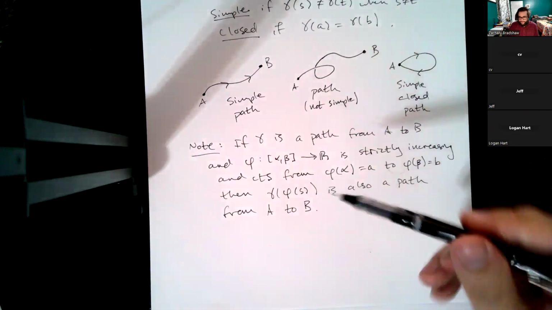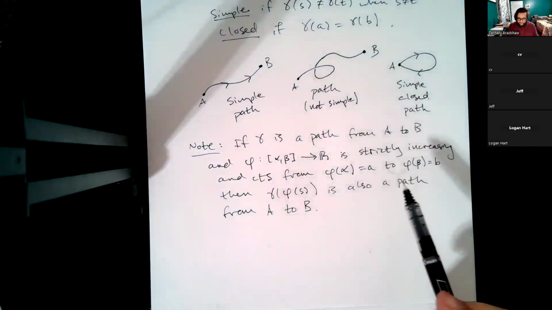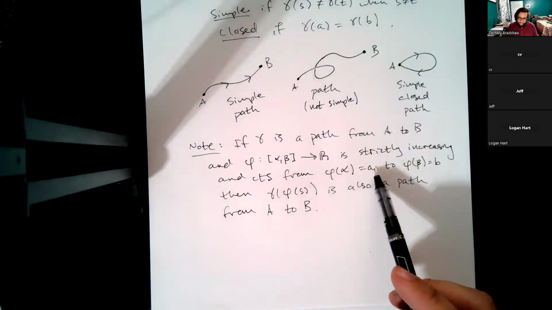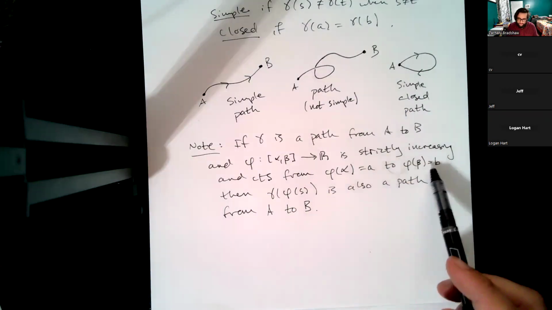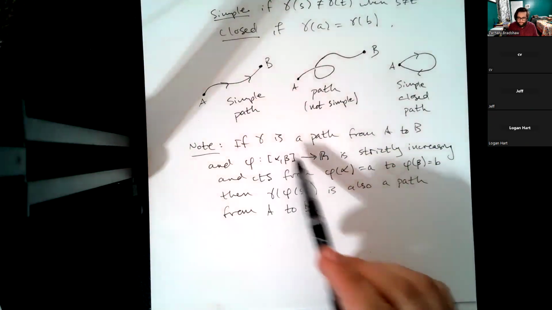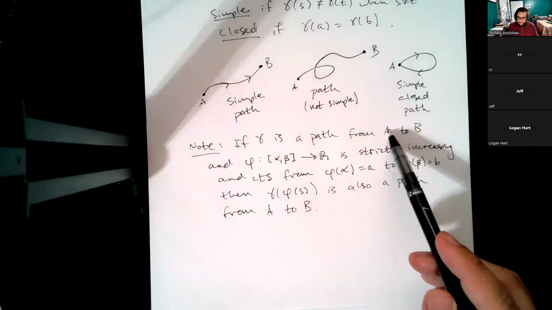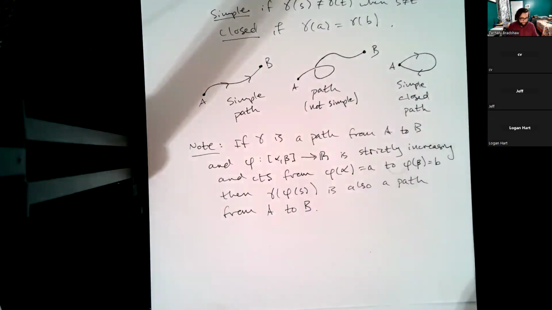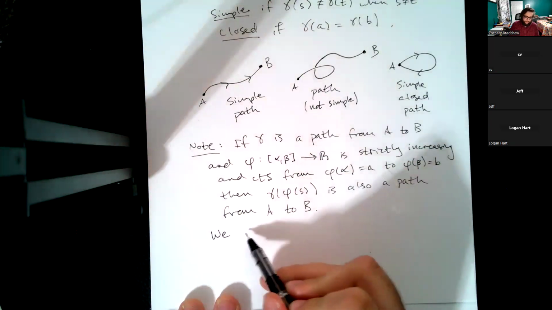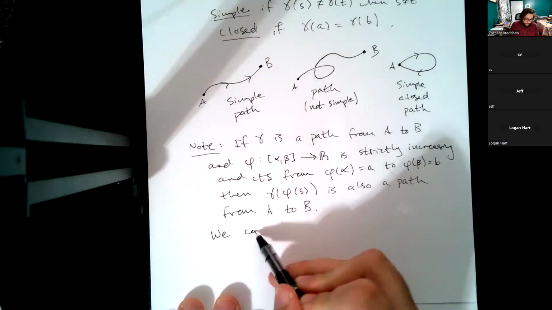If phi is increasing on alpha beta and the image traces out a path from A to B, then when we compose this with gamma, what we get is another path from A to B. Okay, so what's really happening here is we have a reparameterization of gamma.